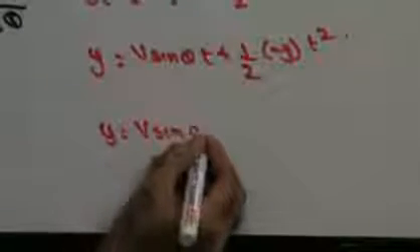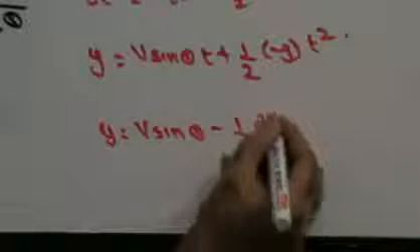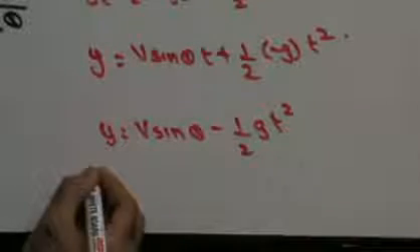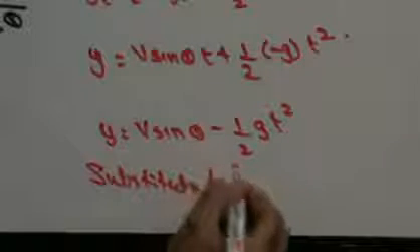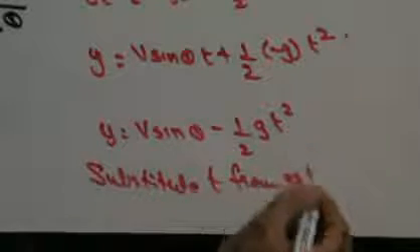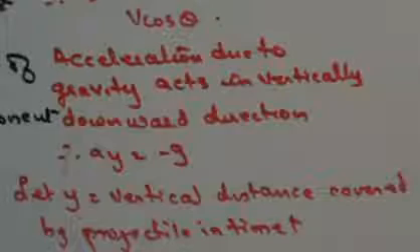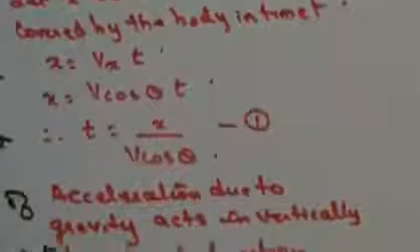Therefore y is equal to V sin theta t minus half gt square. But substitute t from equation 1, where t is equal to x upon V cos theta. So in that case I will get y is equal to V sin theta, minus half g.